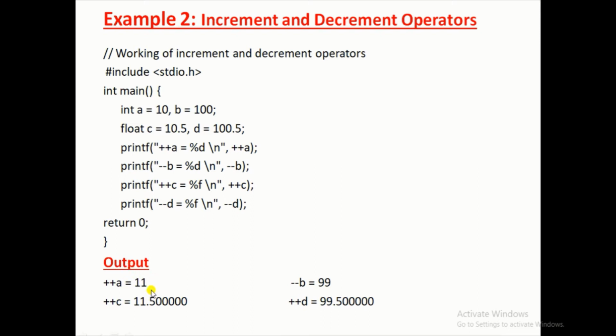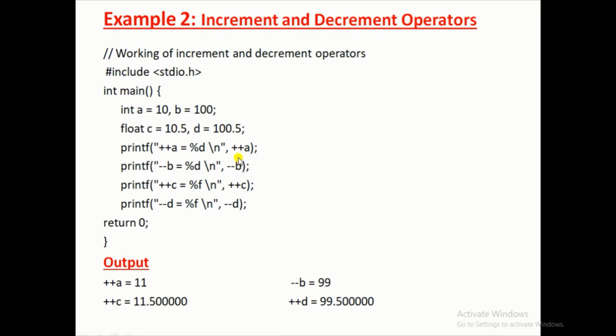And in the next printf, minus minus b, the decrement operator decreases the value of b by 1. In the initial state we assigned b as 100, so its value is decremented by 1. Now the value of b equals 99.